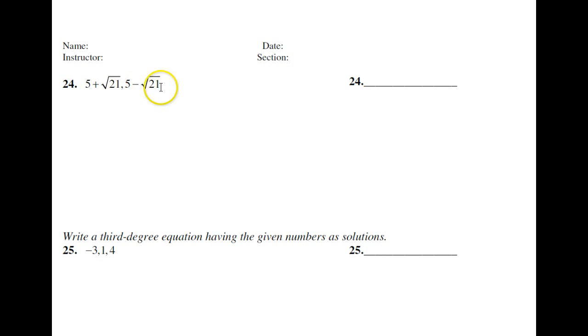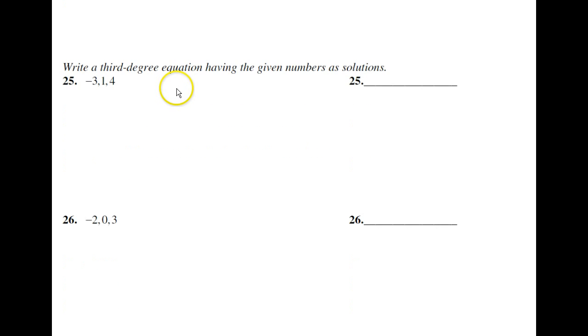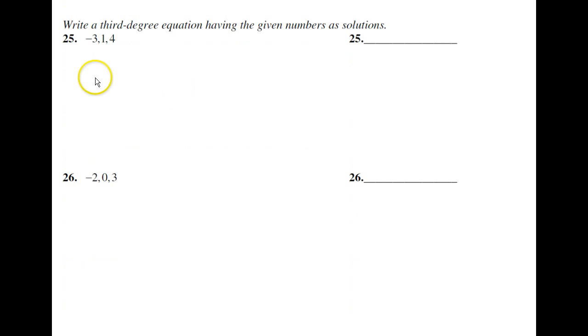24 is a similar one. Now these are conjugates in a way, but they're not complex conjugates. I'll have to study that a little bit more. But let's go on to this one. Now we know this is a third degree equation having these three. So we'll set this one up.